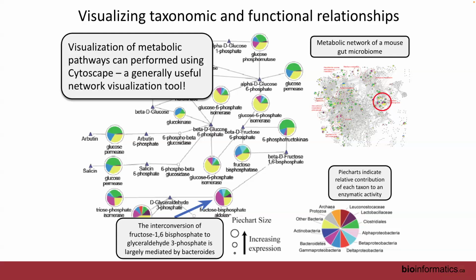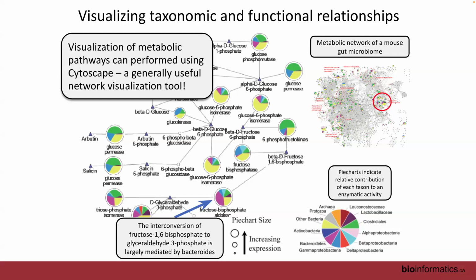So the details aren't important here, but the idea is that you've got a way of showing your set of enzymes and then looking at the taxonomic contributions to each of these enzymes. And these enzymes have connectivity, like there is functional meaning between the connections from one enzyme to another. They're sharing a substrate, right? So there's this substrate product relationship.